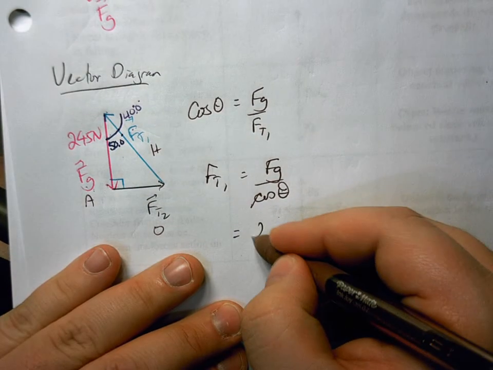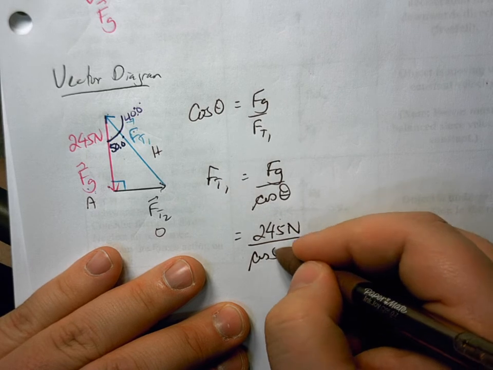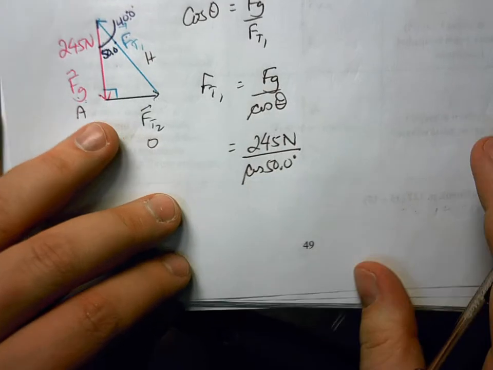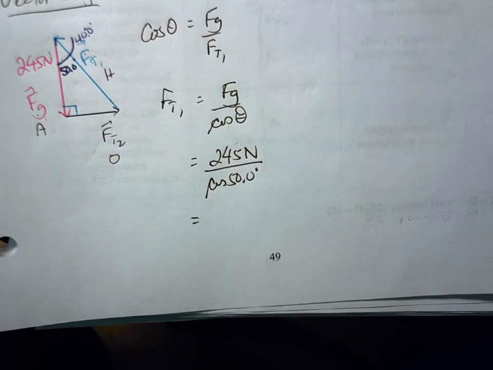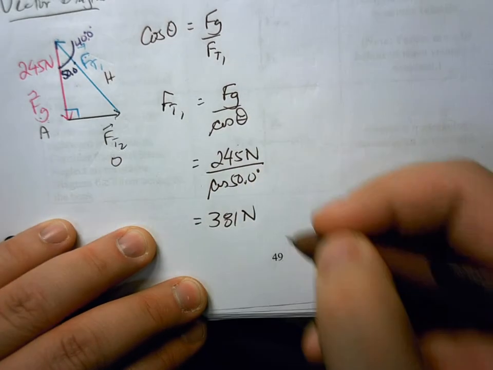We know FG is 245 newtons, and my angle is 50 degrees. So the magnitude of this is about 381 newtons.